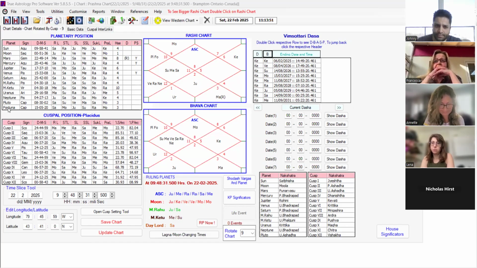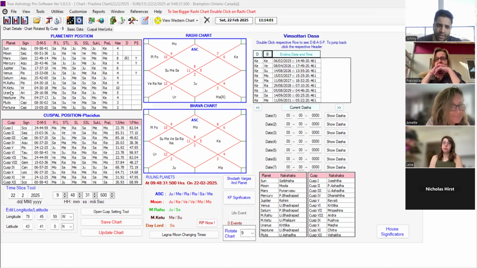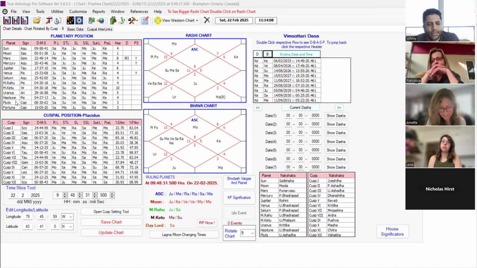I don't use Fortuna. If you see here, point of fortune in the third house. I don't use it. I don't even really use Uranus, Neptune, Pluto, unless I'm dealing with someone's Vastu. The way Astro Vastu works, each house also represents a certain direction of your house.